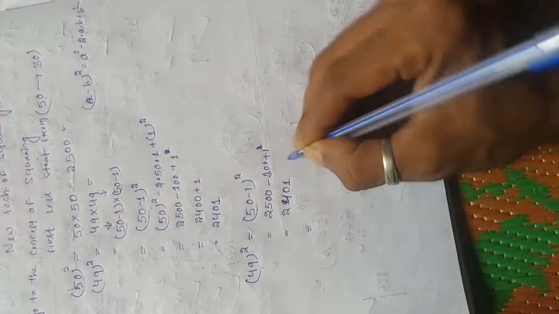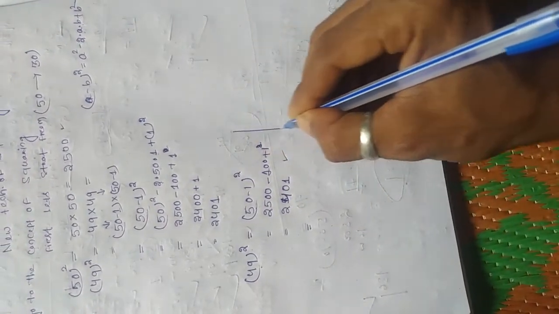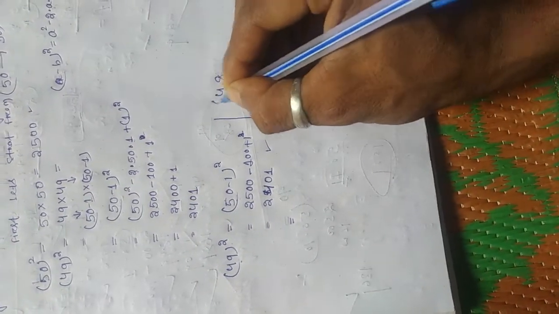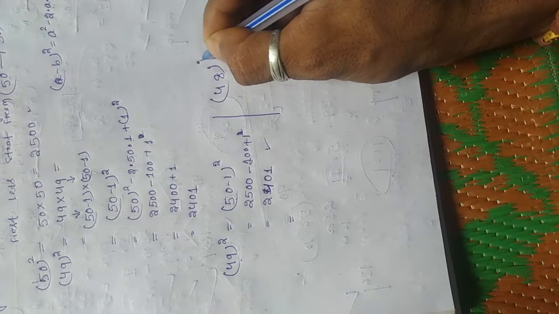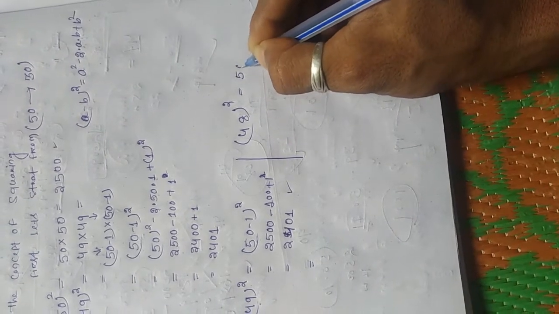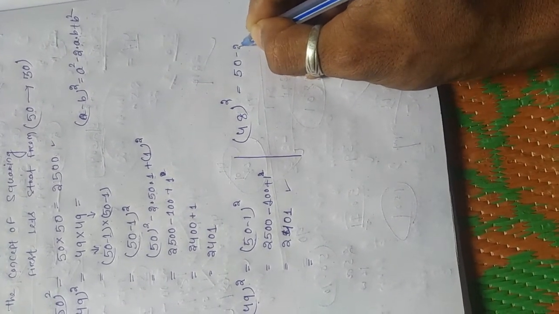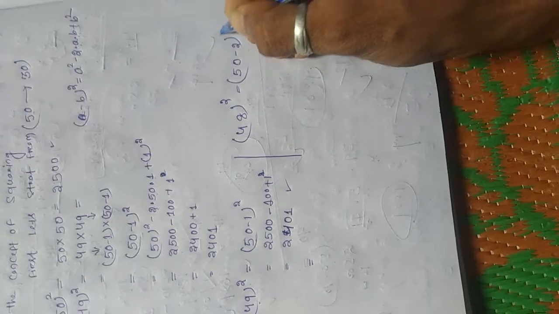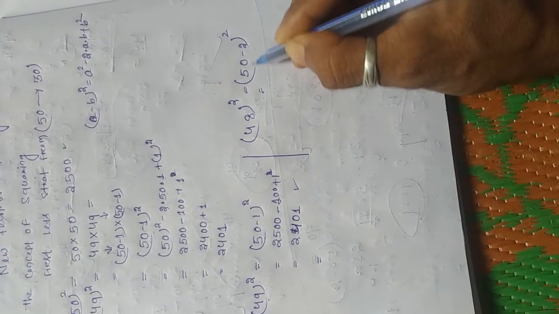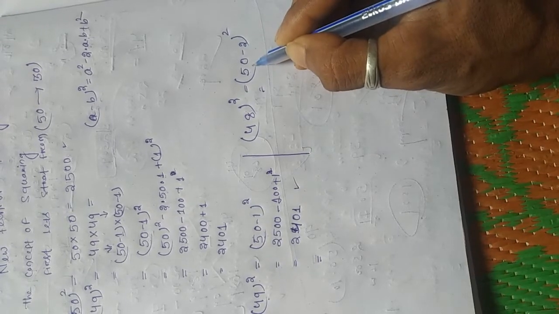Let's check another one, 48. Now look at the concept. 48 square: we know 48 is equal to 50 minus 2, whole square. Let's do it orally. 50 square is 2500.